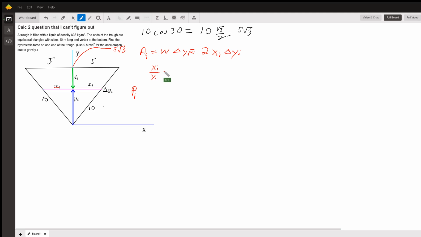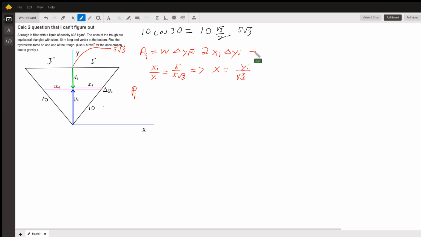It's a lousy sub I, but whatever. It's going to be equal to 5 divided by 5 root 3. And that implies that x sub I is equal to y sub I divided by root 3.